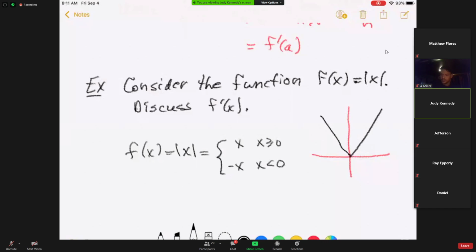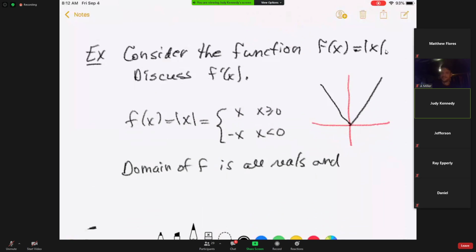So the absolute value function has domain all the reals. And in fact, this function f is continuous at each real number.